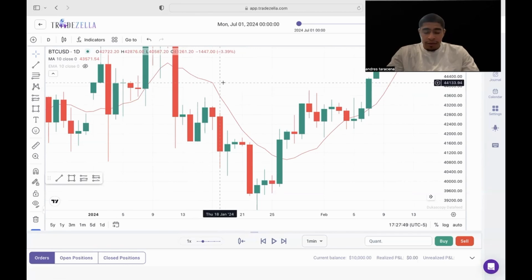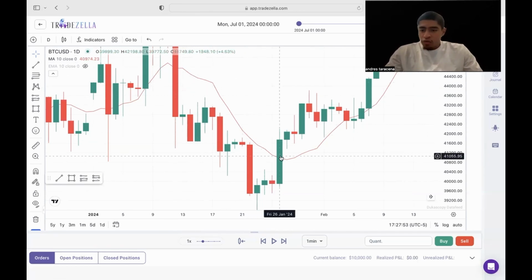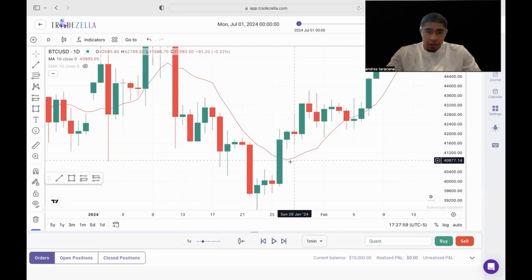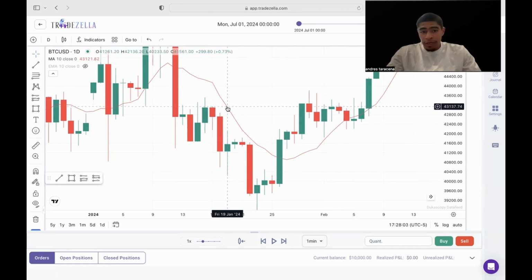We have it in red, and it curves in the direction that the market is trending in. So the moment it starts to curve downward, that's an indication that the market is bearish and price should be moving down.